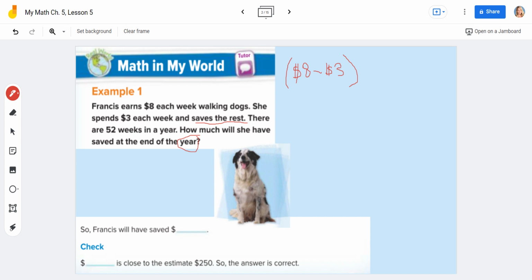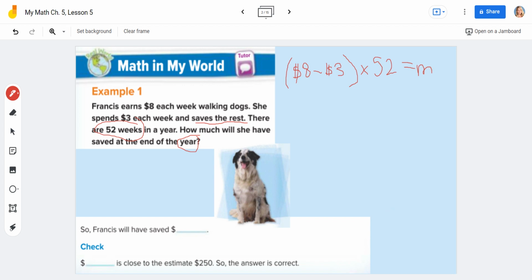Instead of saying 1 year, I need to change it to 52 weeks. So if $8 minus $3 leaves me with the $5 that she's going to save in 1 week, I need to multiply my $5 times my 52 weeks to see how much she's going to save in a year.